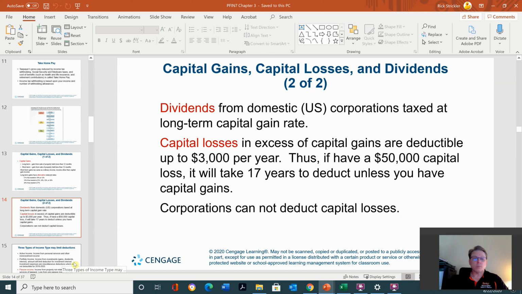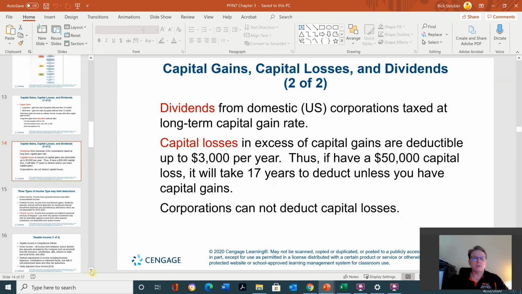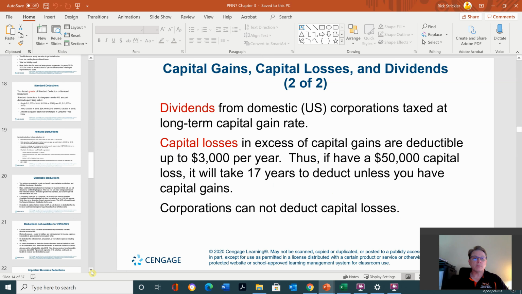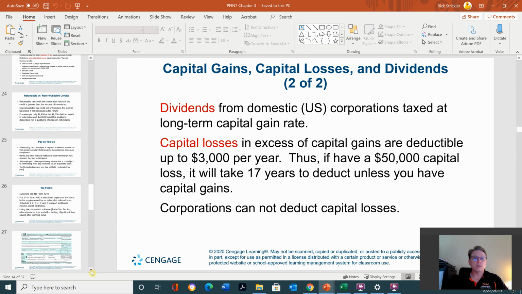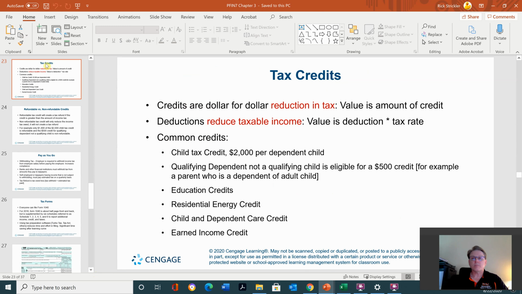Okay, and we're almost out of time. So if we come down here, okay. Tax credits: reduction in tax value is the amount of credit. Deductions: reduced taxable income. You have the child tax credit of $2,000. Qualifying dependent, not a qualifying child, is eligible for $500.